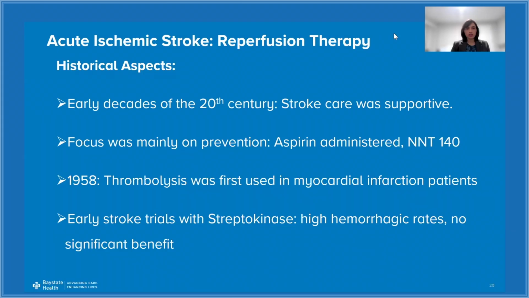1958 was the year when thrombolysis was initially used in patients with a heart attack or myocardial infarction. And following those steps, we started using streptokinase in patients with stroke. But the dose probably didn't work out, and there were more complications than benefits from those treatments. So that took a backseat.